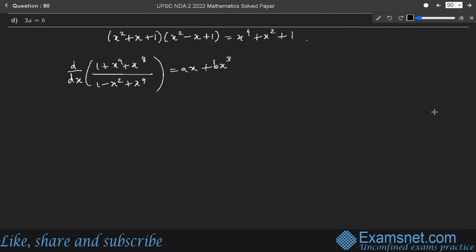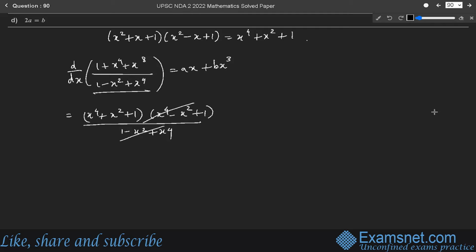So in the place of this term, we can write x to the power 4 plus x square plus 1 into x to the power 4 minus x square plus 1 upon 1 minus x square plus x to the power 4. These two terms will be cancelled. The remaining term will be x to the power 4 plus x square plus 1.